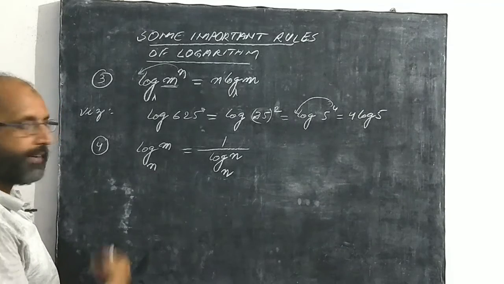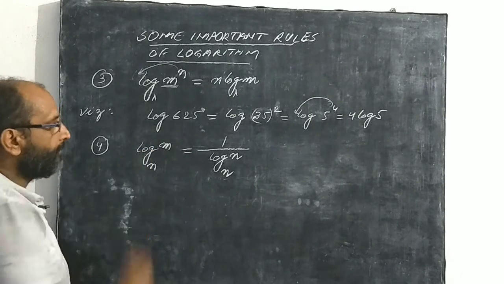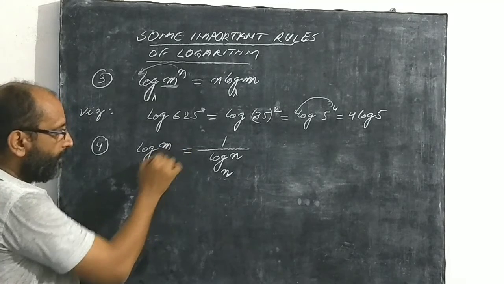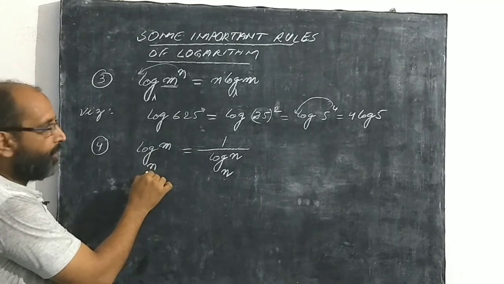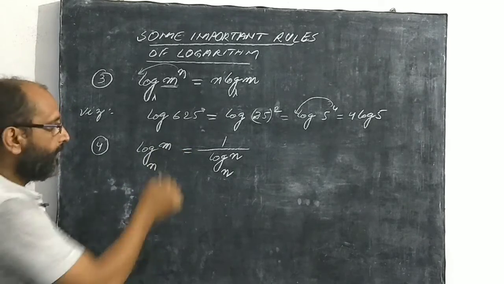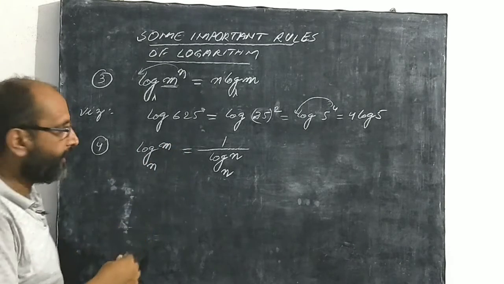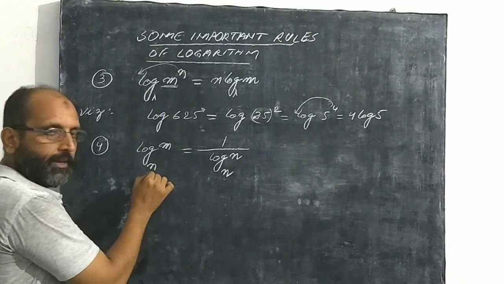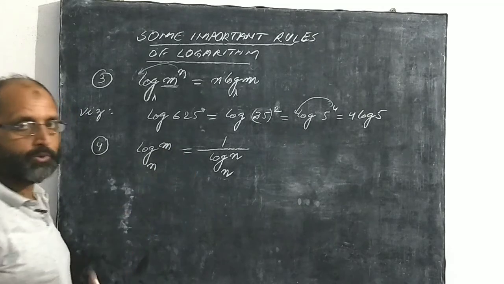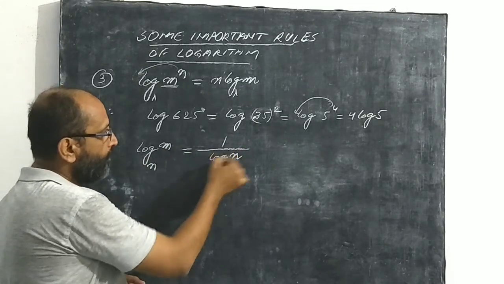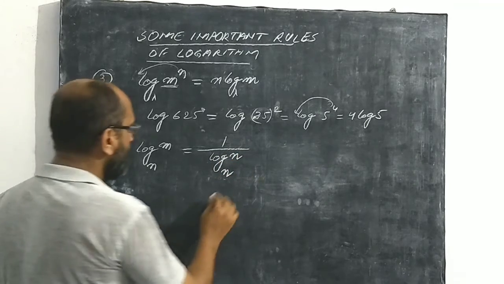It means if we take the reciprocal of any log, the number and the base of the log are interchanged. The number whose log is to be taken becomes the base, and the base becomes the number whose log is to be taken. So we may write 1 upon log n base m.